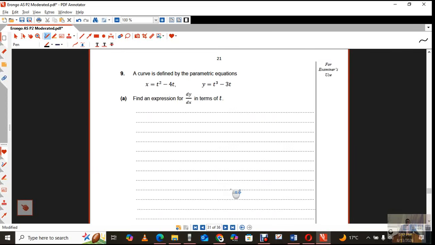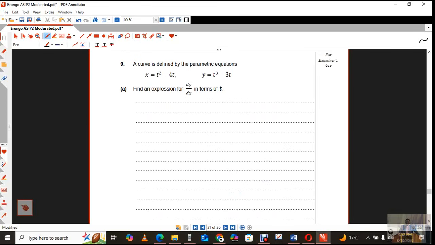Good. That brings me to my very last question. My very last question is dealing with these type of curves called parametric curves, where you also have to find dy dx by differentiating them. They're saying find an expression in terms of dy dx. This is nothing to be afraid of.